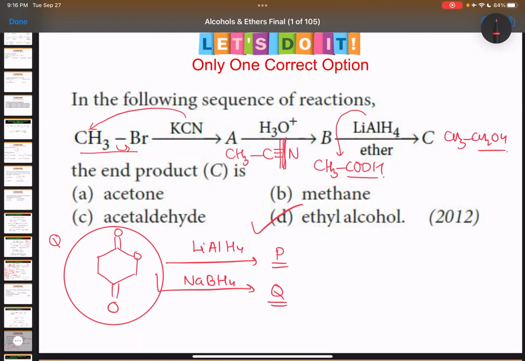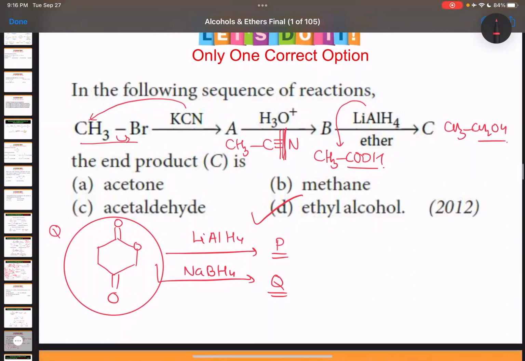You need to think what these functional groups are, and then accordingly with the reagent you need to take your decision.